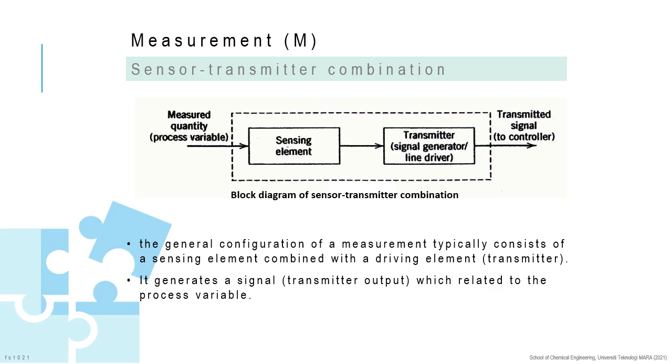Measurement, as I mentioned earlier, consists of a sensor-transmitter combination. The aim is to measure the deviation and transmit the information to the controller. The general configuration of a measurement typically consists of a sensing element combined with a driving element, which is a transmitter. It generates a transmitter output signal, which is related to the process variable.